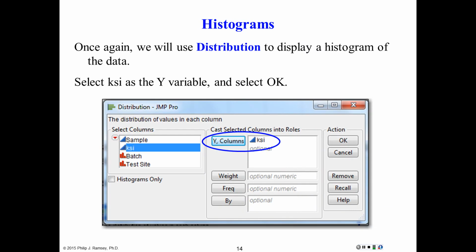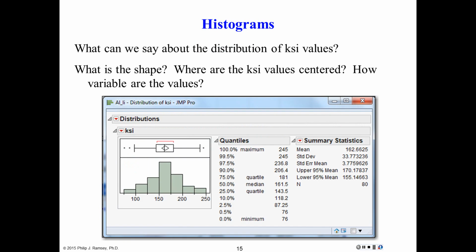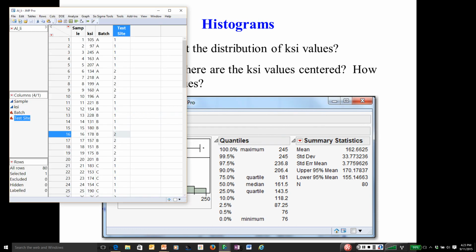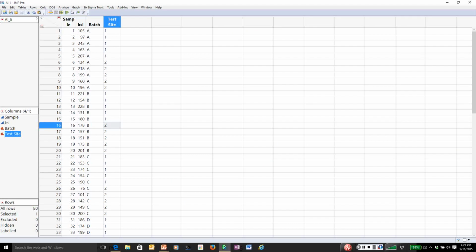So again, we go to the distribution platform, click on KSI, it's the only column we want to look at right now. And notice this distribution. So I'll just click over to JMP and look at the aluminum lithium data.